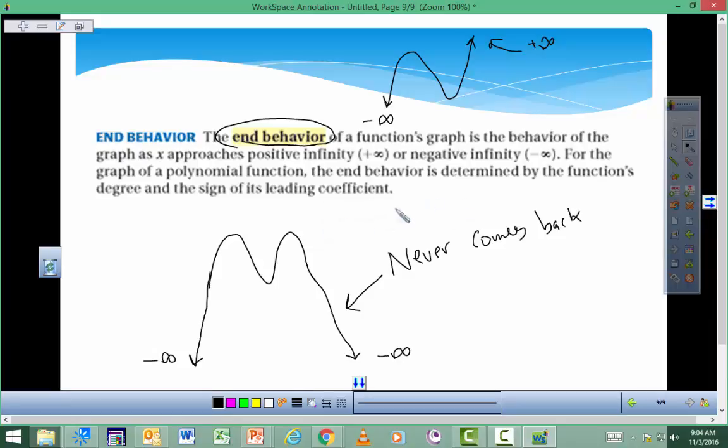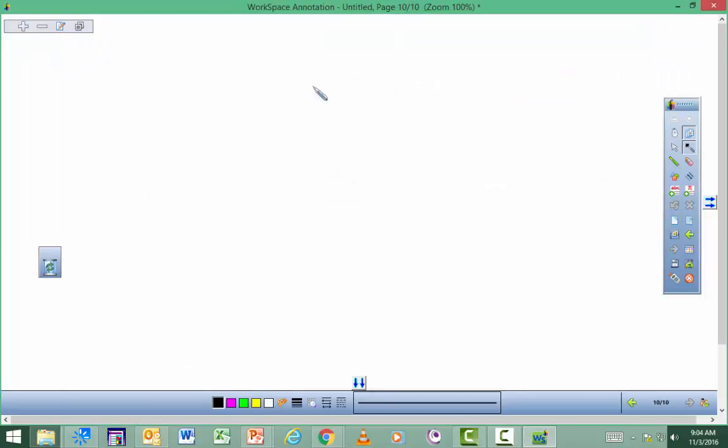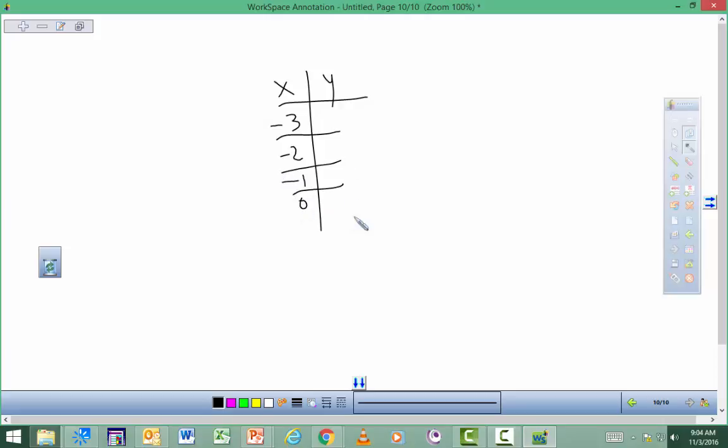So you're going to have some graphs that go down forever, and there's no point in plotting any more points, because let's say I create a table of values like this, and I take x's and y's like this, and let's say our standard values that we'll try are like -3, -2, -1, 0, 1, 2, and 3. These are like our standard values that we always try.